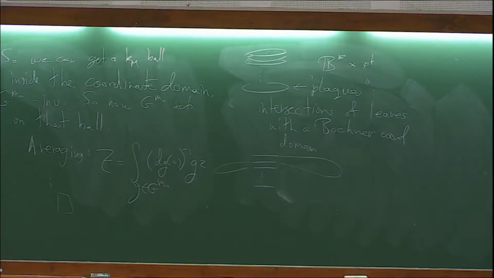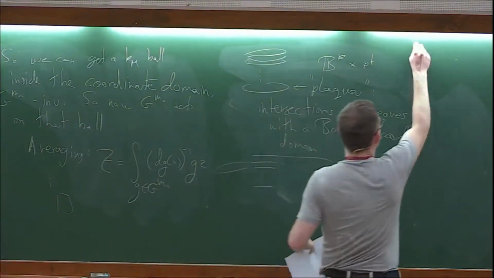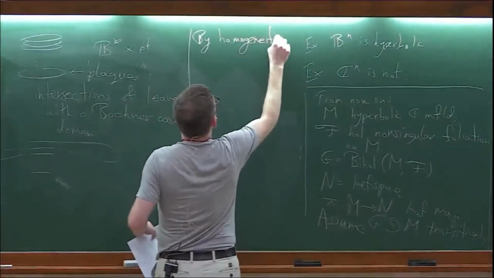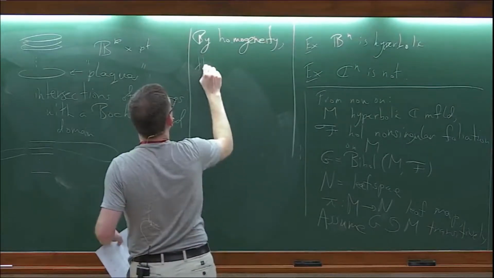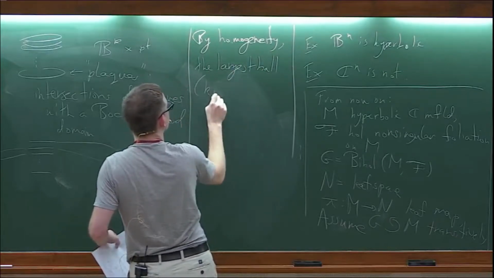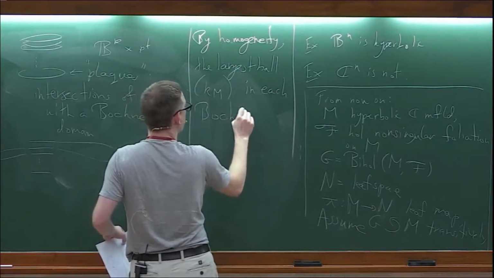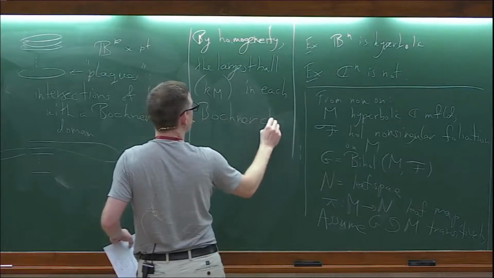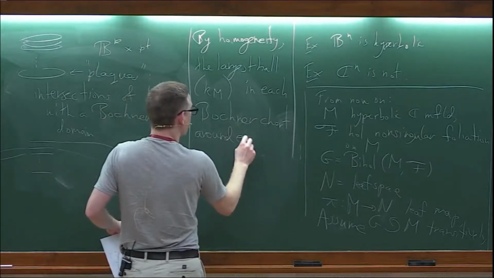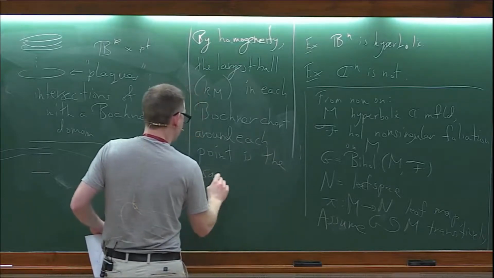All right, so one important point about these Bochner coordinates is that, again by homogeneity, the largest ball in the Kobayashi sense, in each and every possible Bochner chart domain around each point, is the same size as any other.